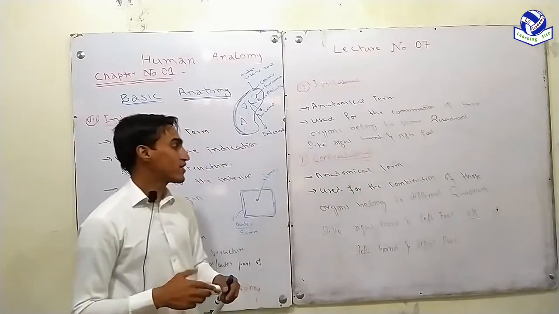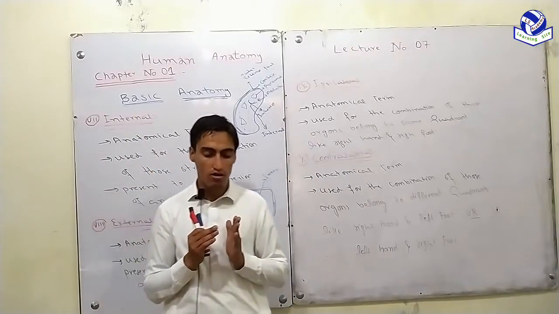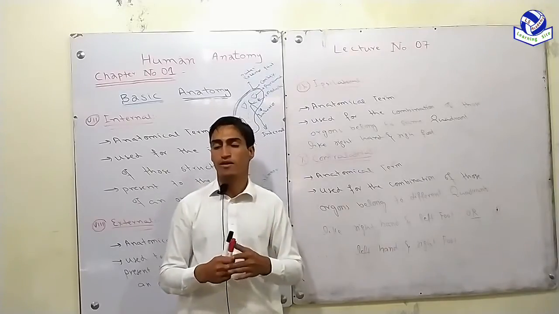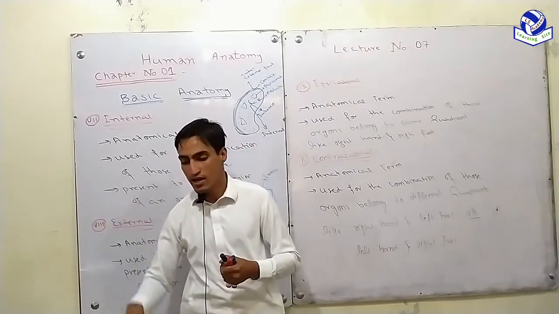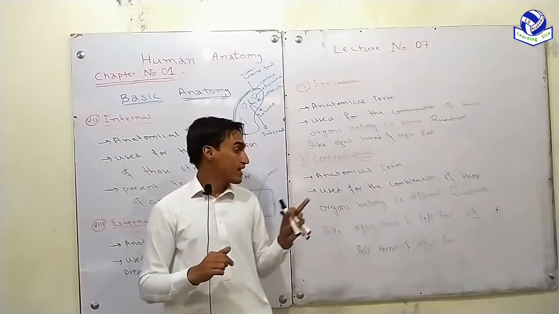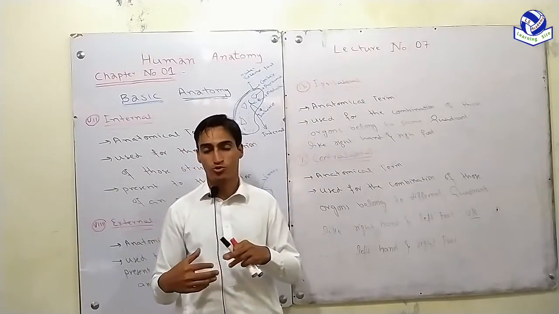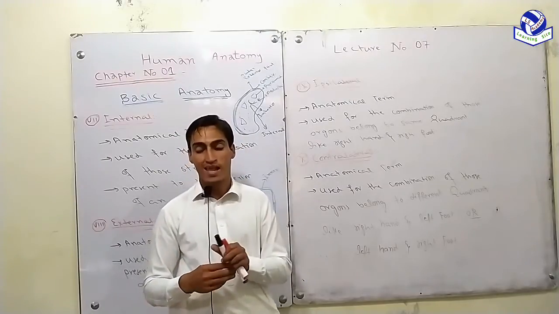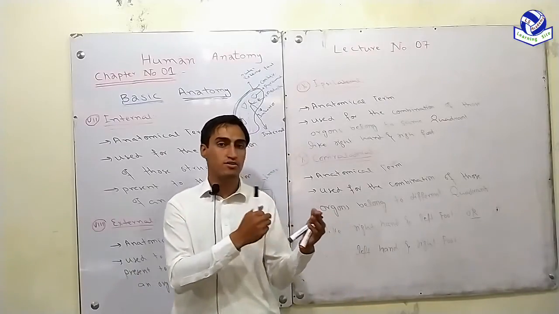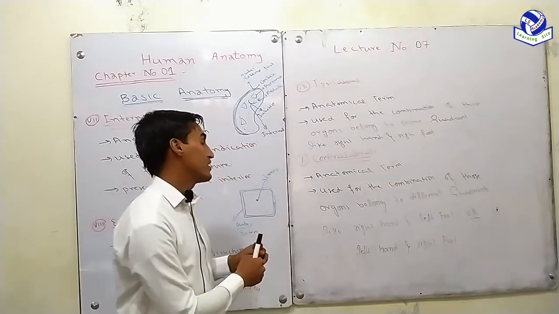So ipsilateral and contralateral are the opposite of each other. Ipsilateral is an anatomical term used for the combination of those organs belonging to the same quadrant, like right hand and right foot. And contralateral is an anatomical term used for the combination of those organs belonging to different quadrants, like right hand and left foot, or left hand and right foot.